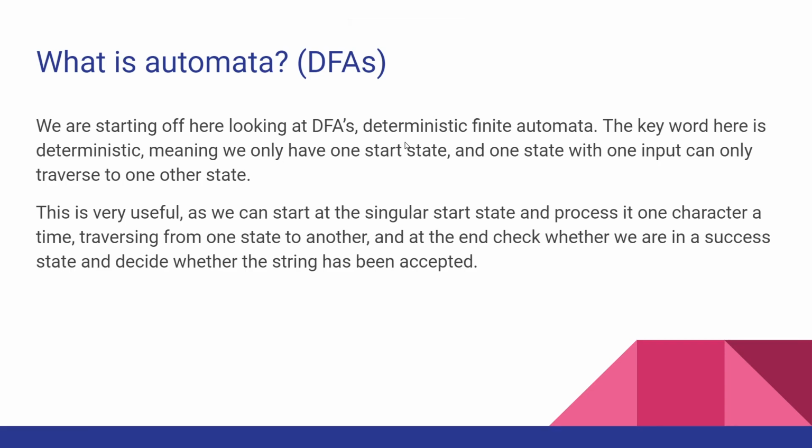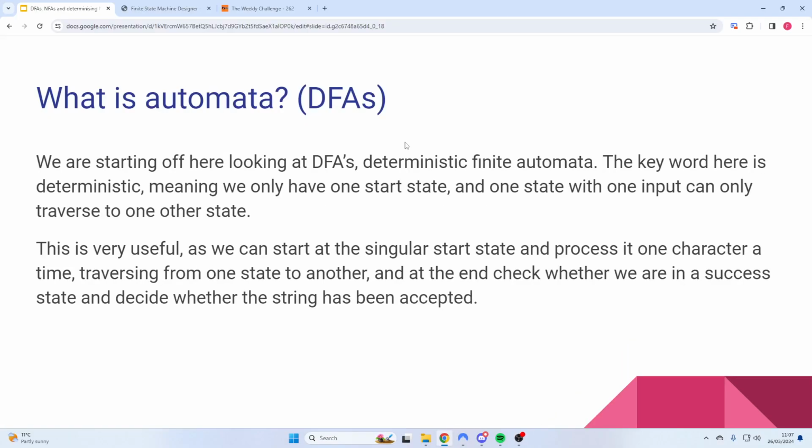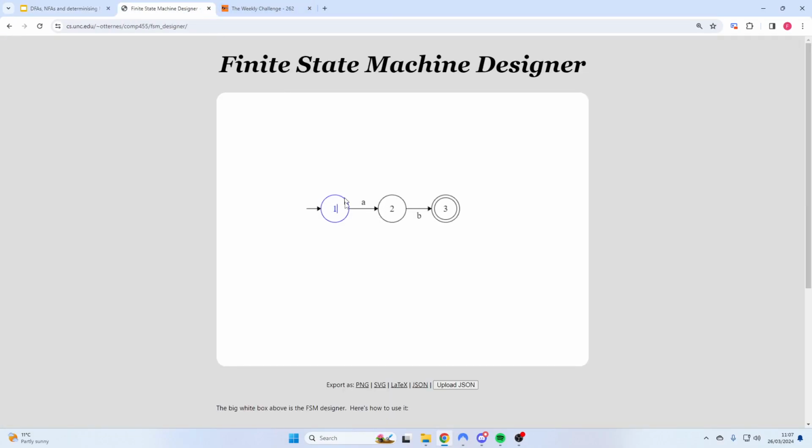So we're starting off here looking at DFAs, and that stands for deterministic finite automata. The key word here is deterministic, meaning we only have one start state, and from any one state, we can only traverse to one other state with one input. What I mean by that is, if we're at 1 and we consume A, we move to 2, guaranteed.